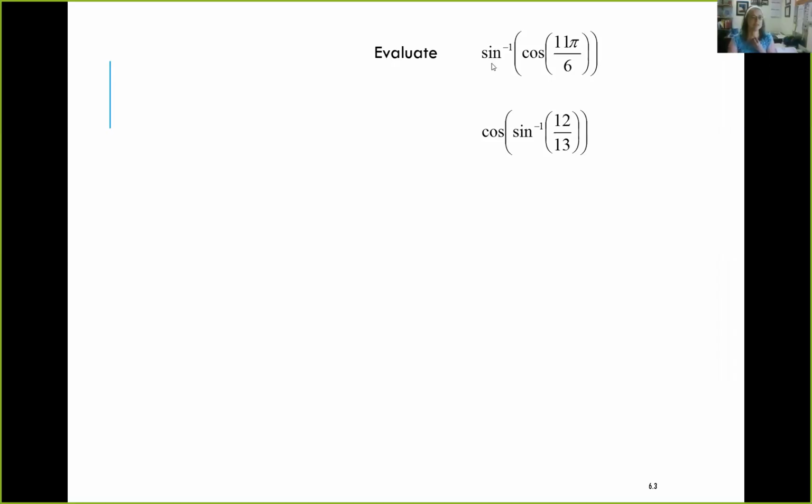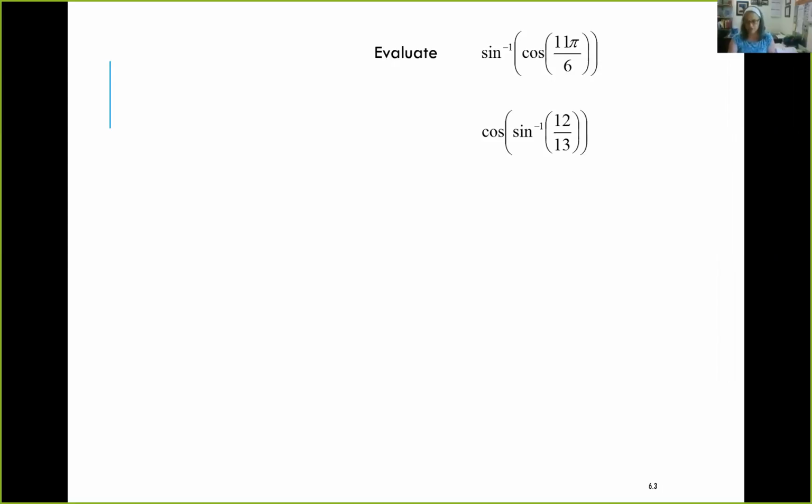What I want to do is find the inverse sine of the cosine of 11 pi over 6. So what I am saying here is, what angle has a sine that is equal to the cosine of 11 pi over 6? Well, let's take 11 pi over 6.